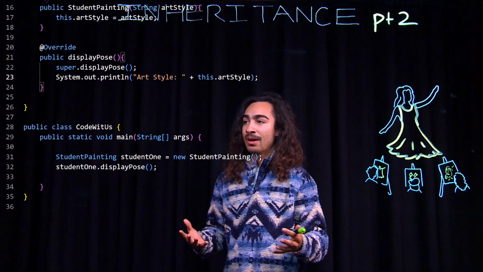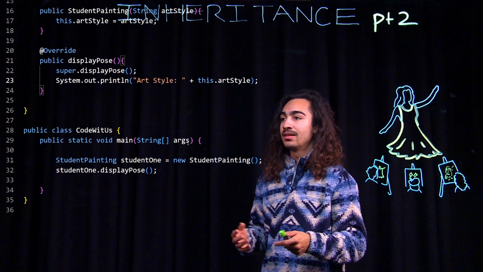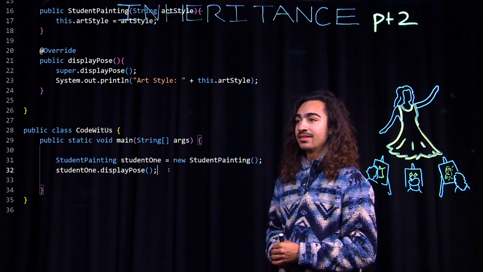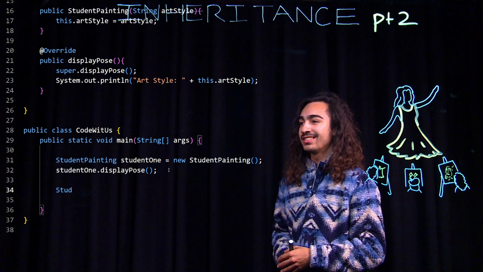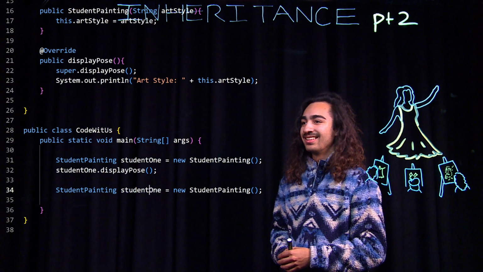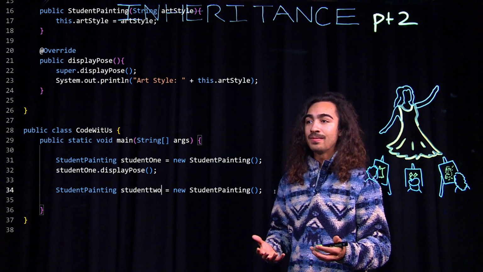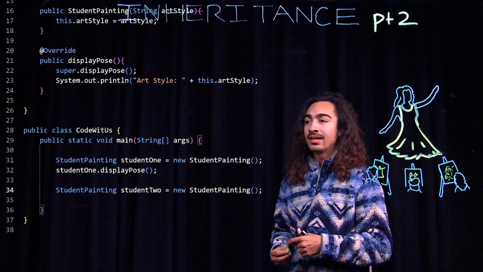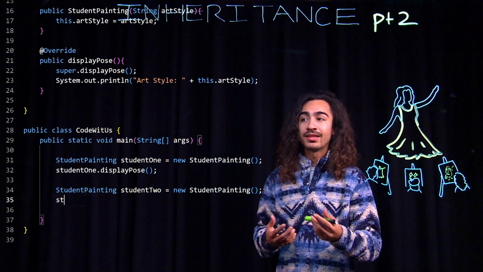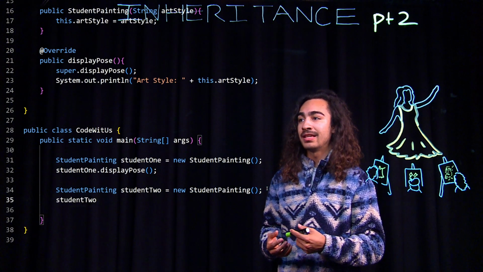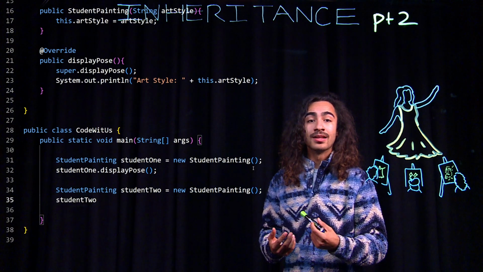So now we have just one student, let's create another student, and let's just copy paste. Yeah, so now we have student two, and now that we made a constructor, they're both gonna have to take in a string. So let's give them both different art styles.